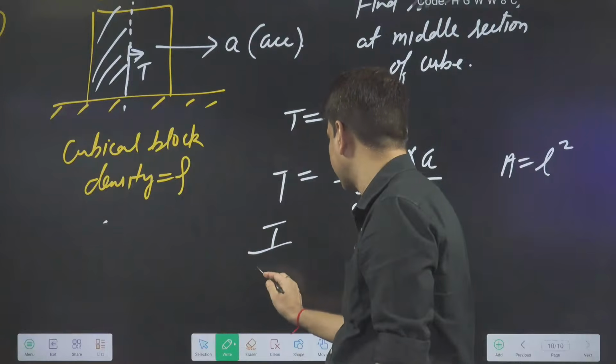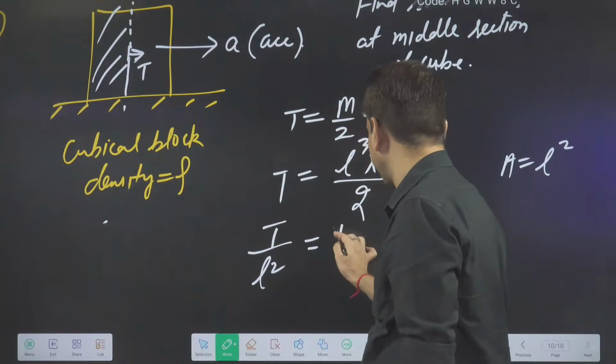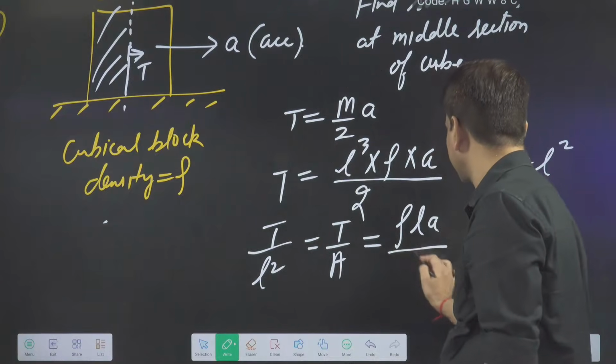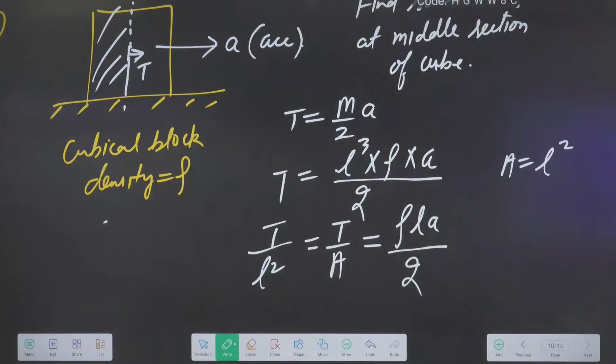So T by L square, that is T by A, what I will get is rho L a by 2. So the stress at the mid portion is rho L a by 2. Everybody got it? Tell fast.